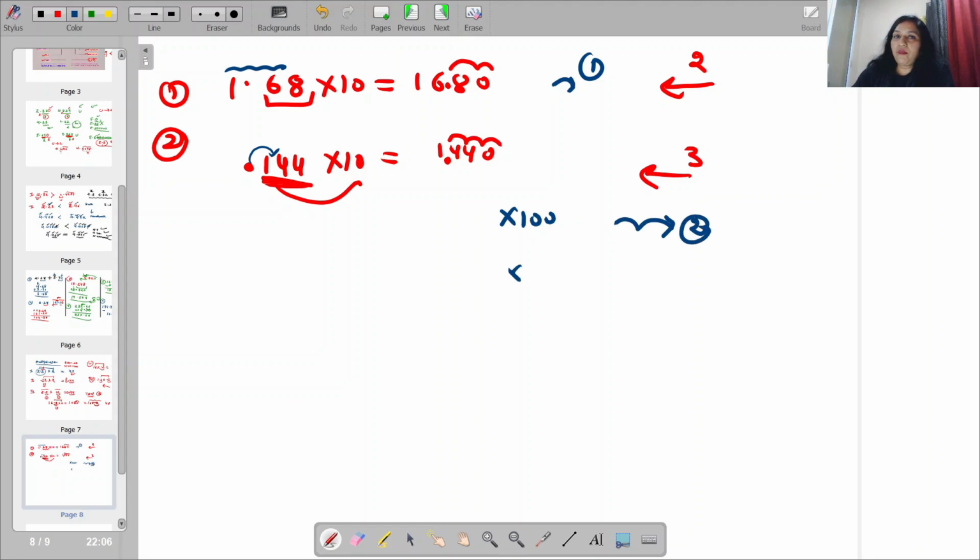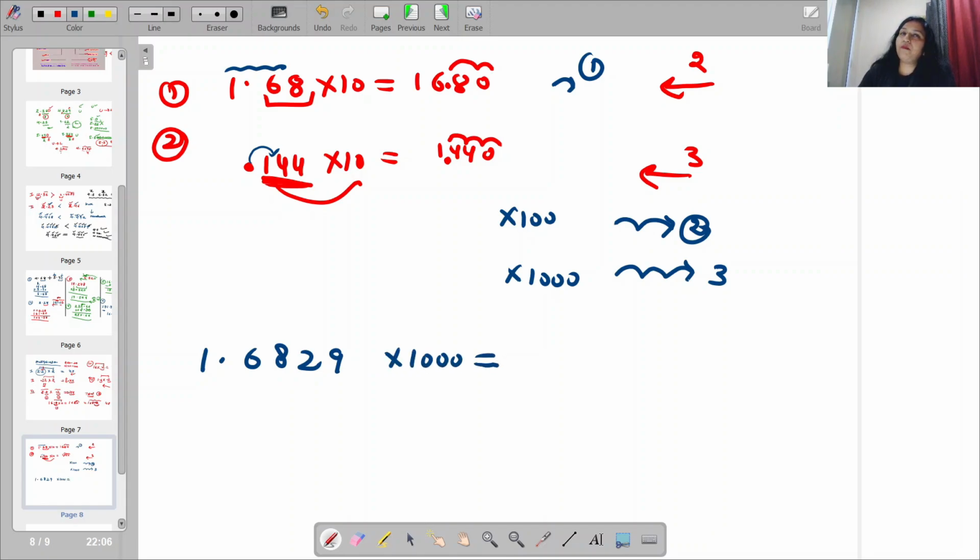If we multiply by 1000, 3 zeros है ना, 1, 2 and 3. Decimal will move right 3 position. Let us see if really it happens. Let's say the number is 1.6829 and I am multiplying this number with 1000. Basic rule, दोनों को multiply कर लेते हैं पहले.